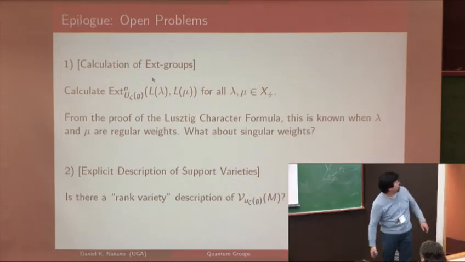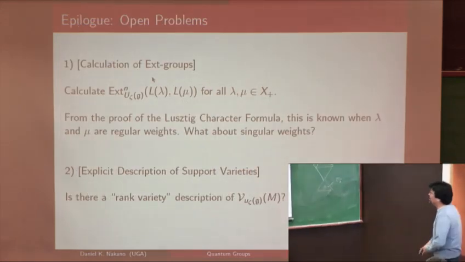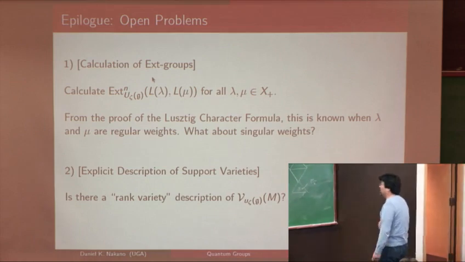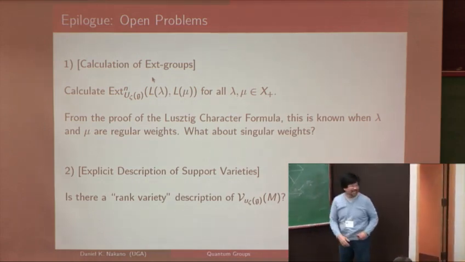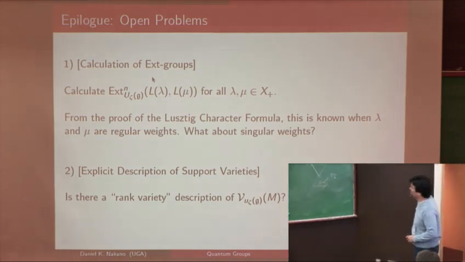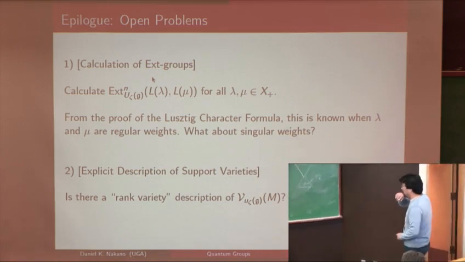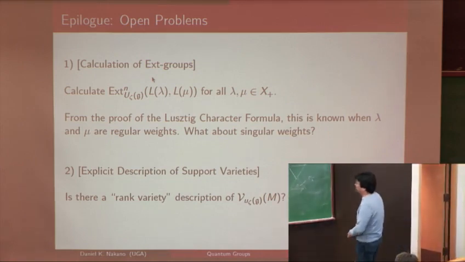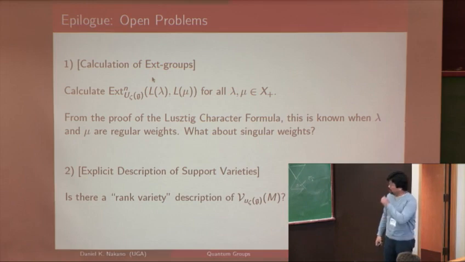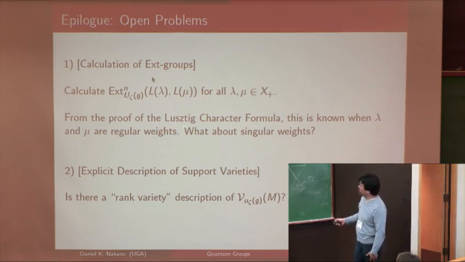Okay, so I have a few minutes, and in closing, this is my open problem session. So let me give you some open problems which might be of interest to people. All right. So we know from the proof of the Lusztig character formula how to compute X when lambda is a regular weight.